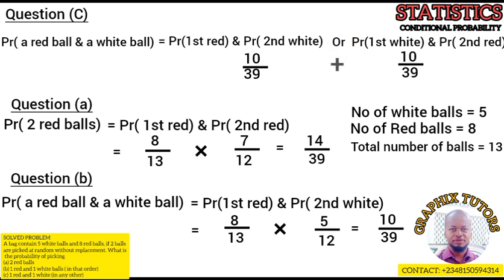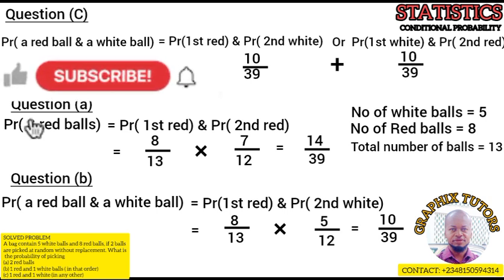So the probability that 1 is red and 1 is white in any order will be 10 over 39 plus 10 over 39, and that will give us 20 over 39, and that will be our answer. So in this case, we're assuming two different ways. If we assume that the first is red and the second is white, or the first is white and the second is red. So that's what we're just assuming here.